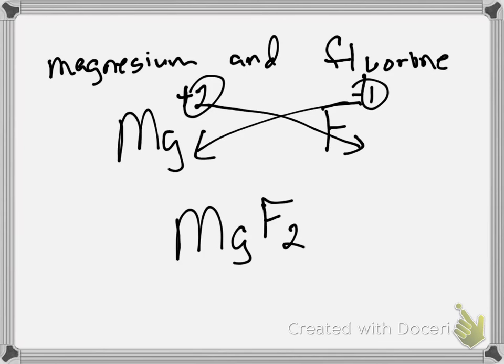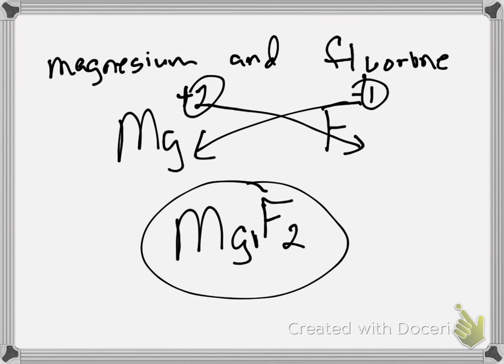Now, if I want to put my 1 there, that's fine. Doesn't change the answer. It's an invisible understood 1. And that is your answer. Remember, make sure to check capitalization. Make sure that the numbers are in the right place. And you show your work.